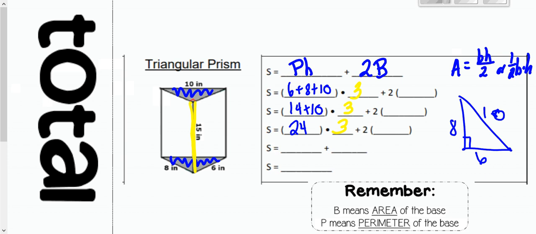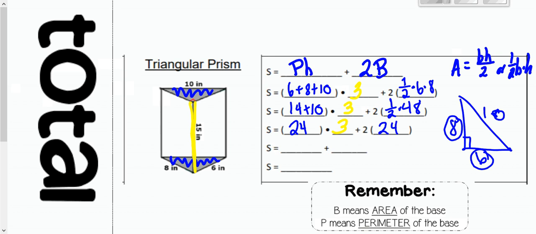If I am calculating the area of this, I need to do 1/2 times the base of this triangle, which is 6, and the height, which is 8. So 1/2 times 6 times 8, or I can think 6 times 8 divided by 2. 6 times 8 is 48, so I have 1/2 times 48, and half of 48 is 24.